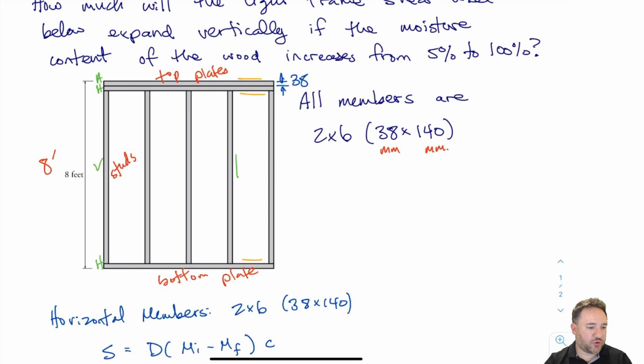I'm looking for the vertical dimension along this height. So for the horizontal member, lying flat like this, it's 38 in this dimension and 140 in the out of plane dimension. The dimension I'm interested in is the 38, which is the thickness. That's the dimension that's going to expand or contract, in this case expand.